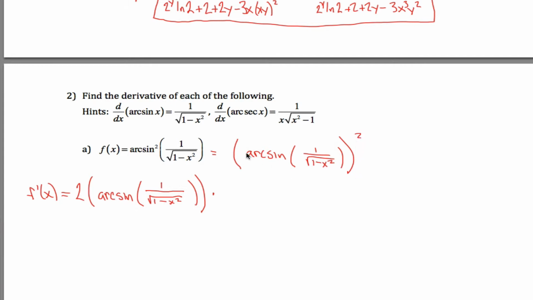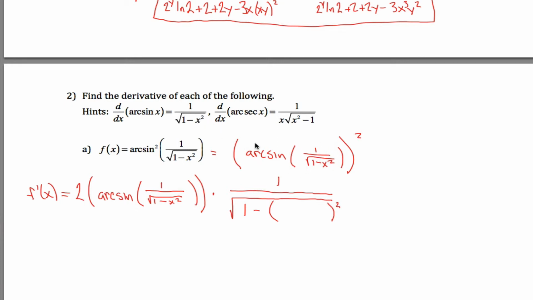The next layer is arc sine of something. If it were just arc sine of x, my derivative would be 1 divided by the square root of 1 minus x squared. But it's not arc sine of x, it's arc sine of all this stuff.